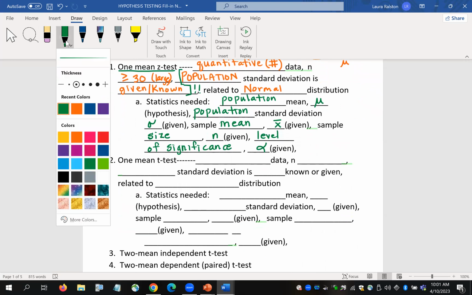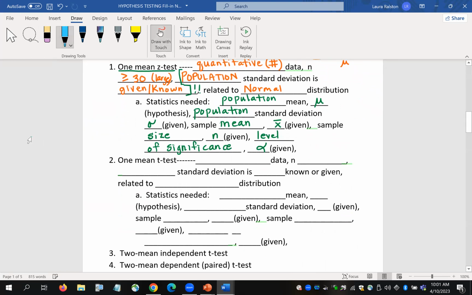The second test that we're going to talk about is a one mean t-test. It is also used whenever you have quantitative data. So again, you'll have numbers. Your sample size is less than 30, so you have what is considered a small sample.